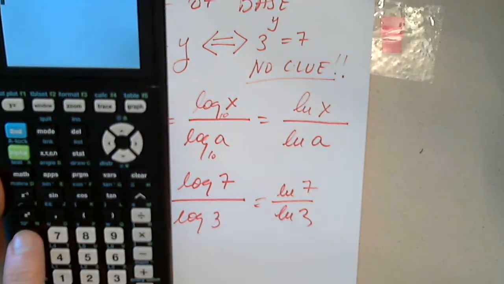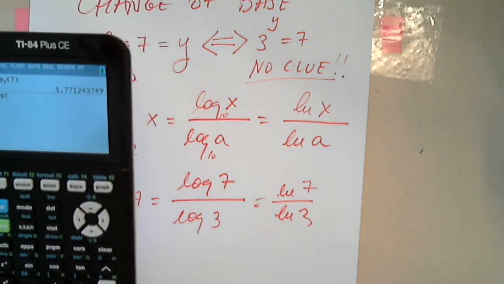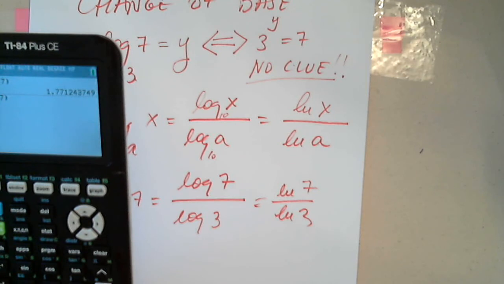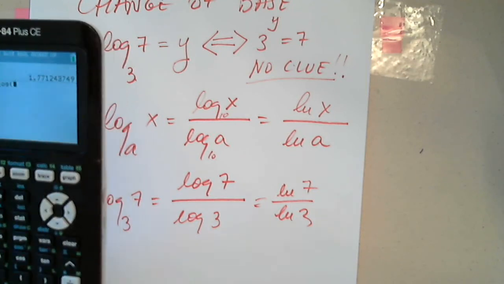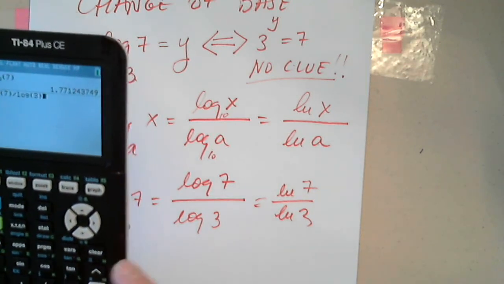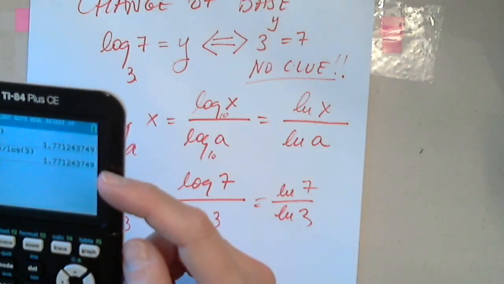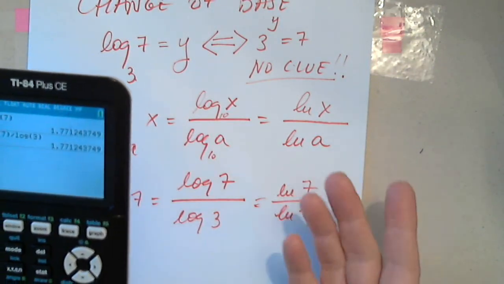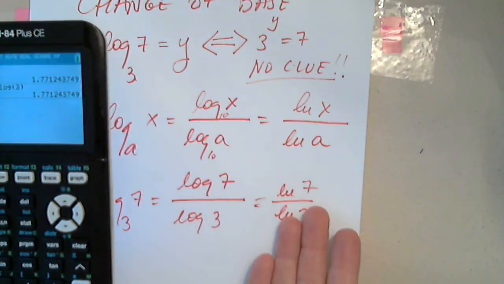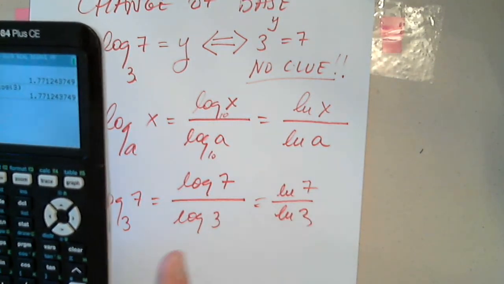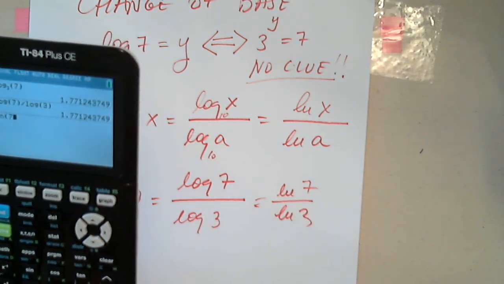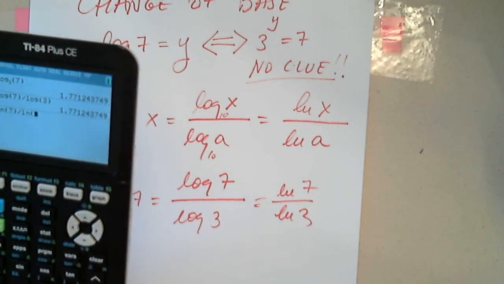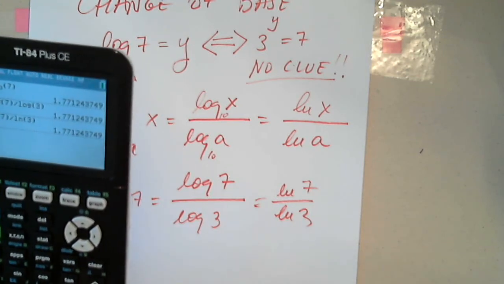Log 7, close the parenthesis, divide by log 3, close the parenthesis, and we get the same number. If I decide not to use common log, but use natural log, that's still the same. Natural log 7 divided by natural log 3. Still get the same number.